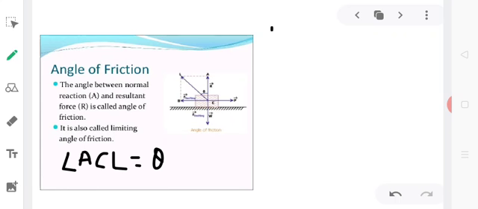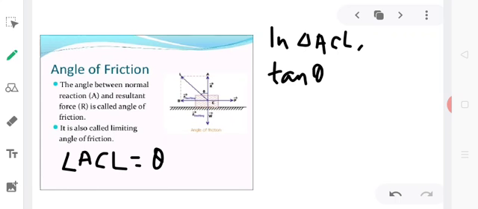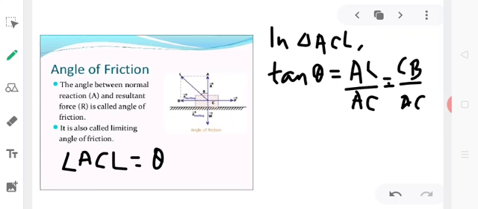Now considering the triangle ACL, it is a right angle triangle, so tan of theta will be equal to perpendicular by base, so that is equal to AL divided by AC, which is further equal to CB divided by AC.